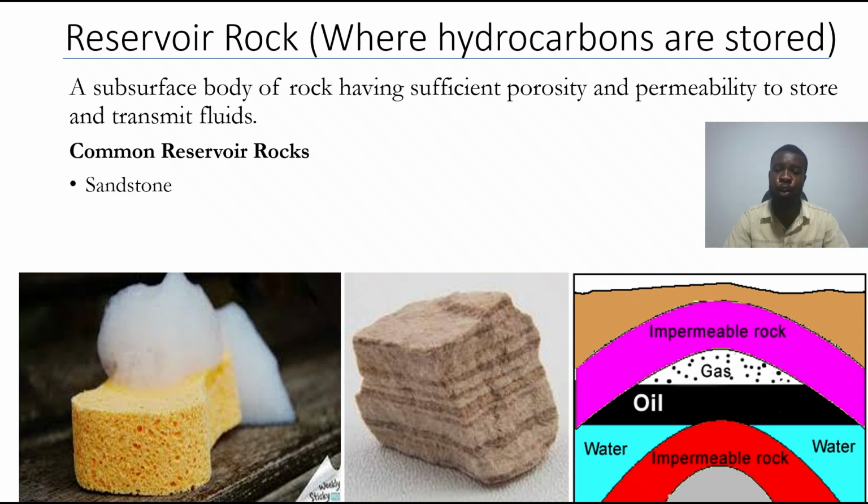Other examples include limestone and also dolomite. All these have two things in common. They have sufficient porosity, that is enough space to allow hydrocarbons to be stored, and also sufficient permeability, that is, they allow these fluids to flow from one point to another.